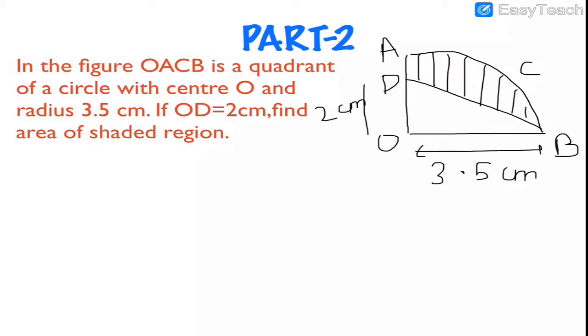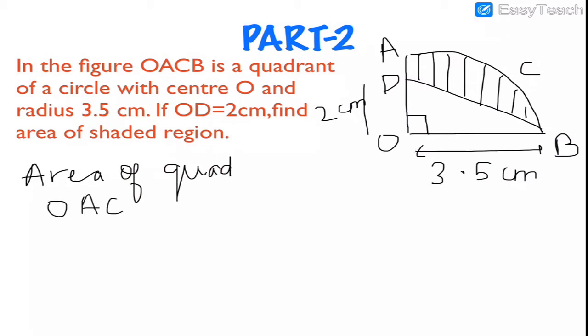So first of all, this is 90 degree because OACB is a quadrant and area of quadrant OACB is equal to theta upon 360 into pi r square.